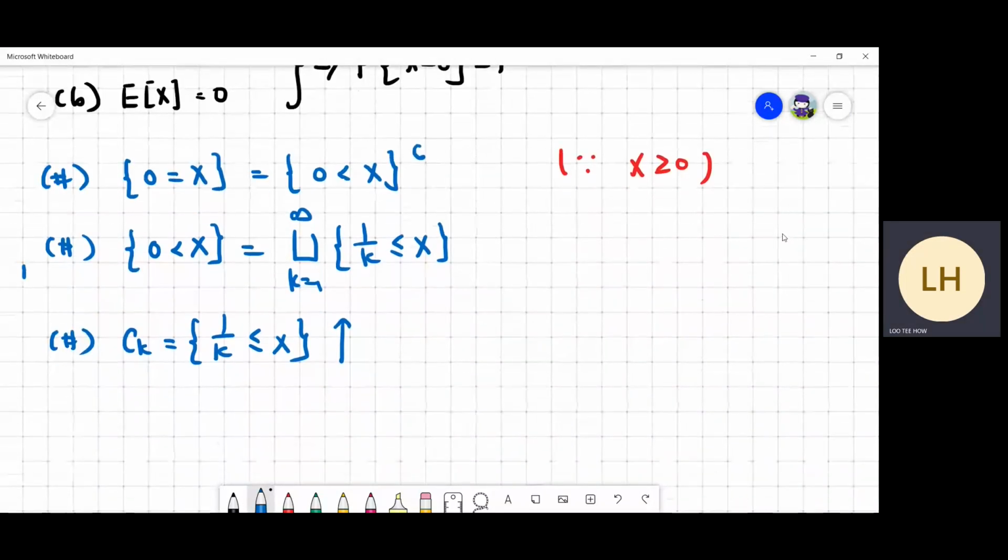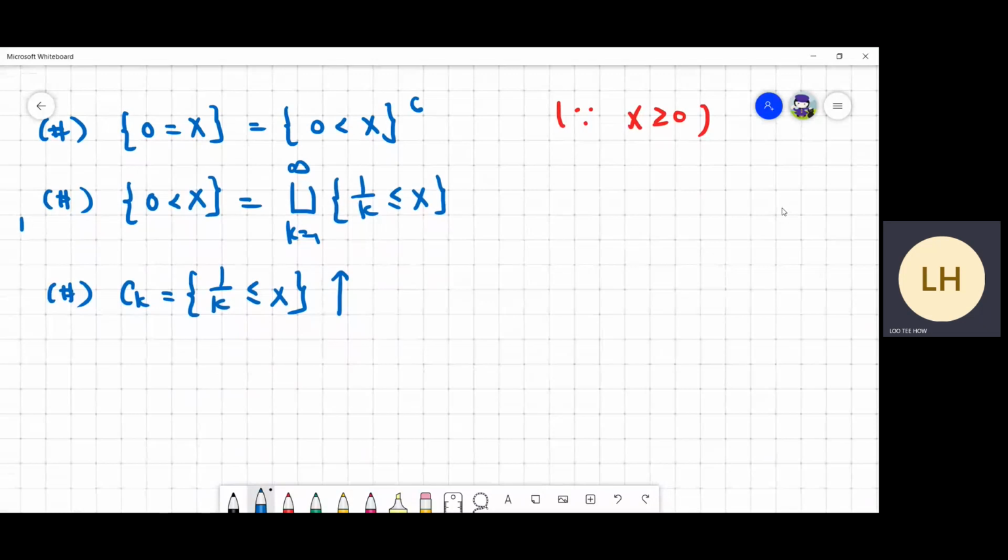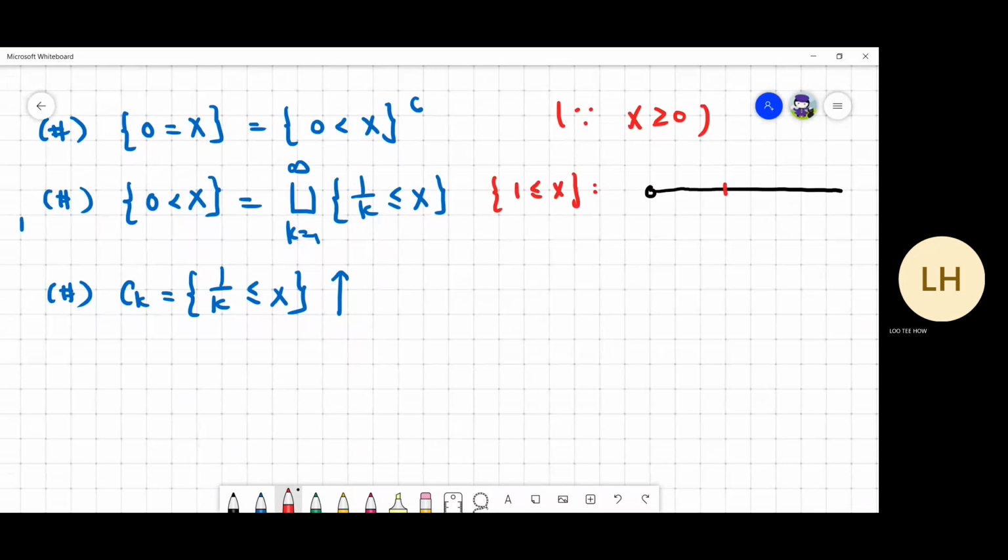So if you really want to evaluate, maybe we can look at the first few terms. Let's say you look at C1, just the first event. When k equals 1, it will be x greater or equal to 1. So if you look at this line from 0 to infinity, that will be up to here. So this is C1, right?